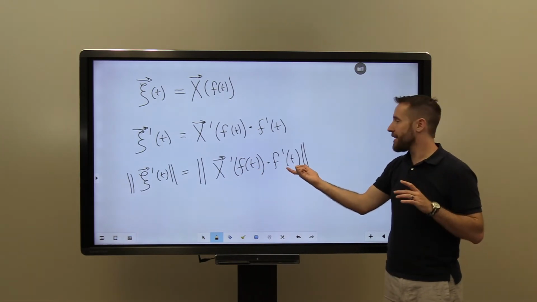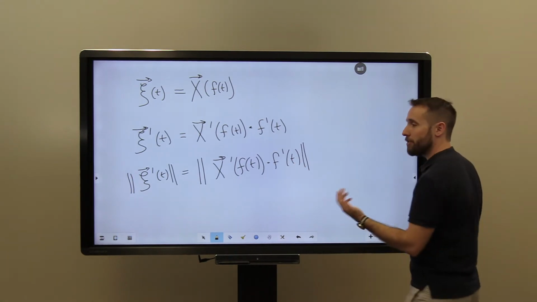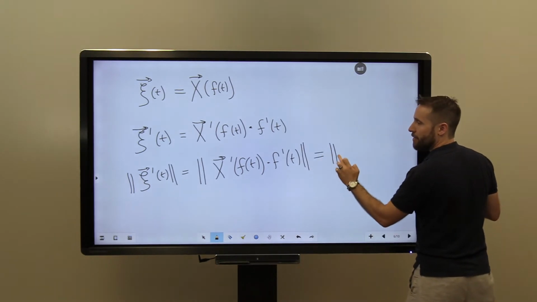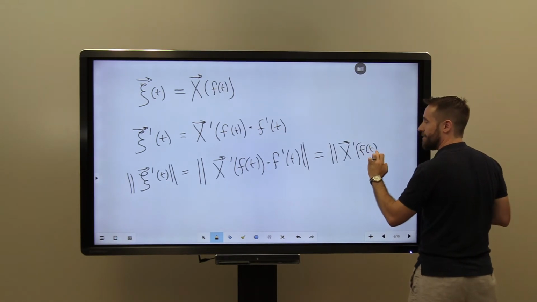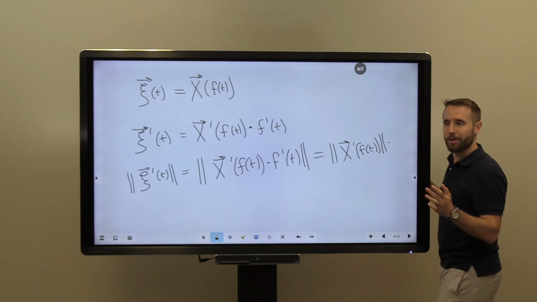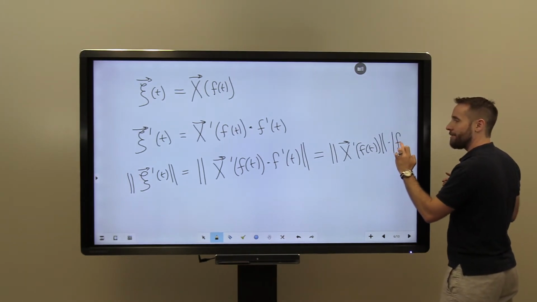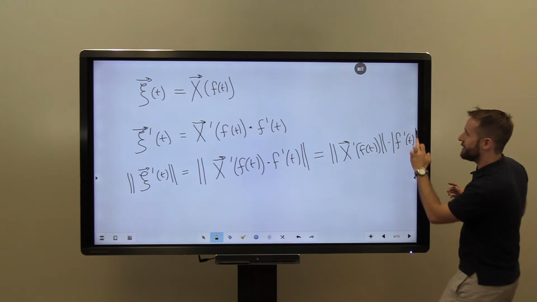And so this can actually be factored out of this modulus. We have to introduce an absolute value sign. So this is really nothing more than the norm of x prime of f of t times the absolute value of f prime. Okay, and hopefully that all makes it into the frame.